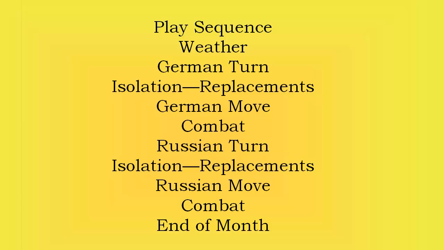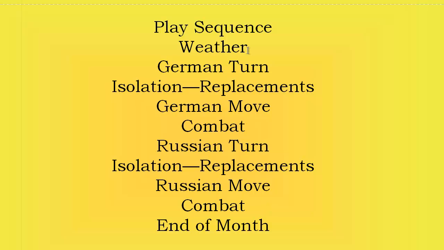In Stalingrad, we can break the turns into two pieces. There is a German turn, and then there is a Russian turn. The German turn and Russian turn together constitute one complete turn, and one complete turn corresponds to 1 month of play.